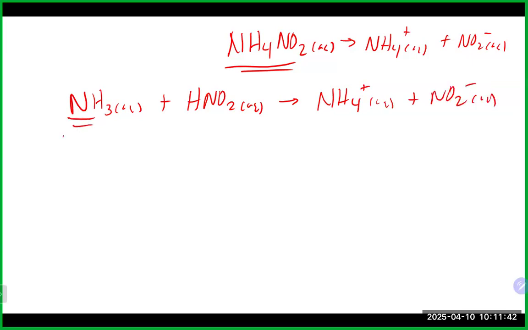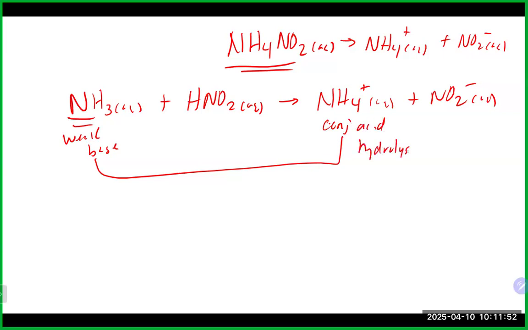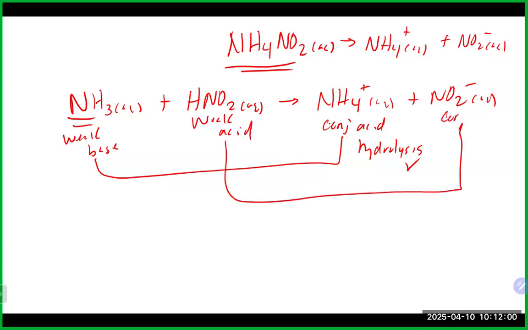That is a weak base, which means this right here is its conjugate acid, and it will go through hydrolysis. That is a weak acid, and that would be its conjugate base here, which means it will also go through hydrolysis as well.